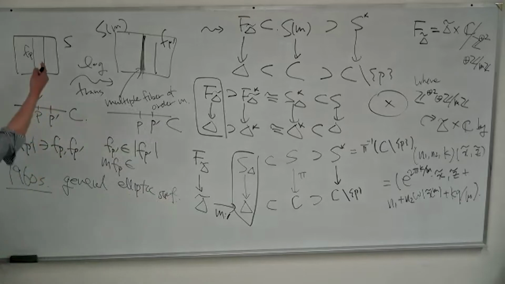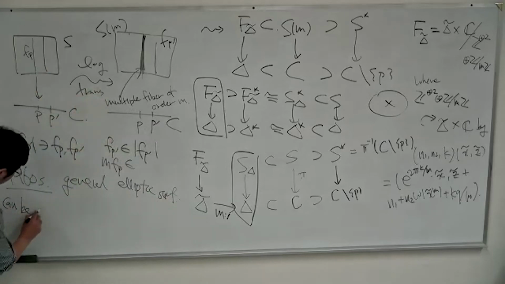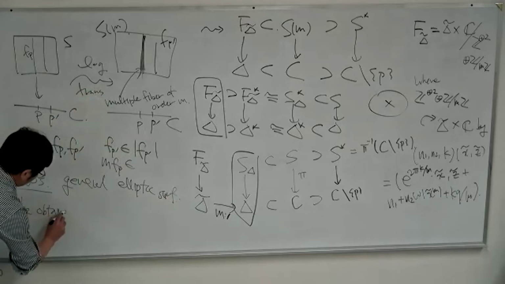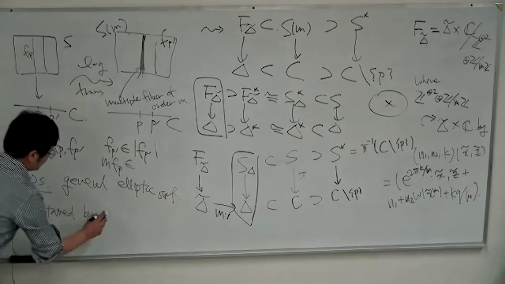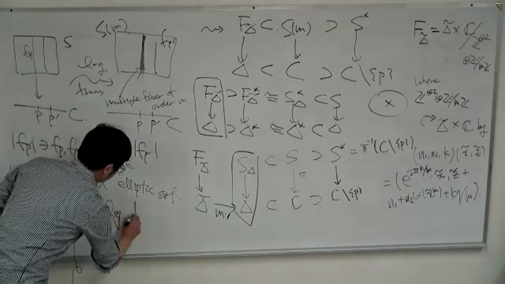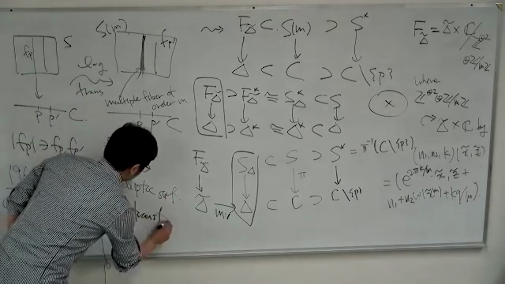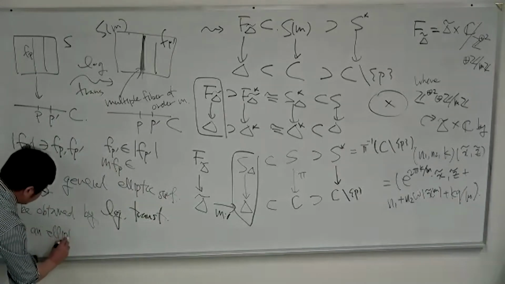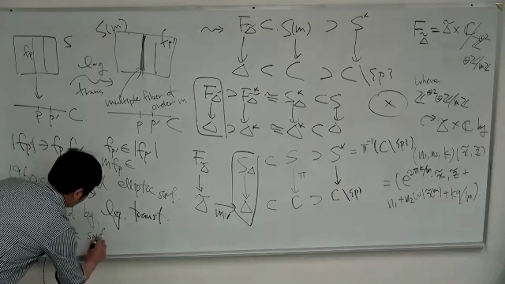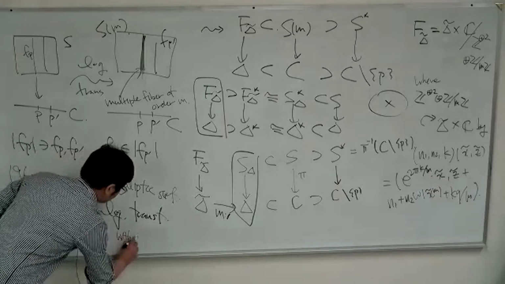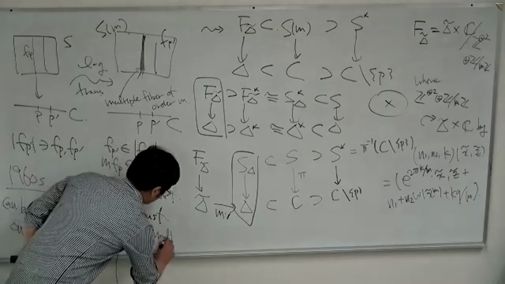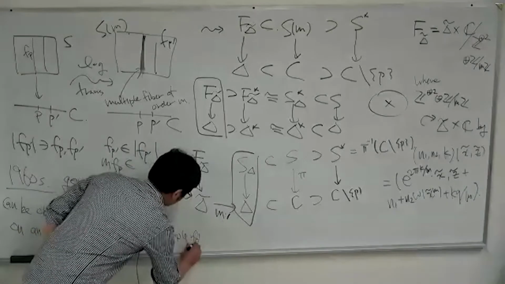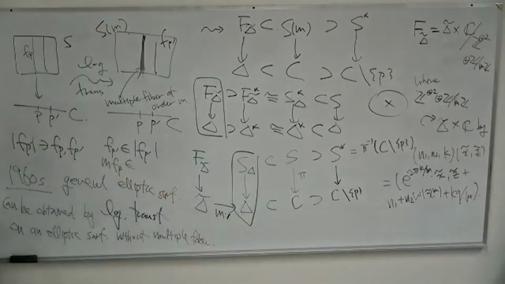But whenever a multiple fiber is smooth, it can be obtained by this logarithmic transformation on an elliptic surface without multiple fiber. So in this sense, this is a very useful operation.